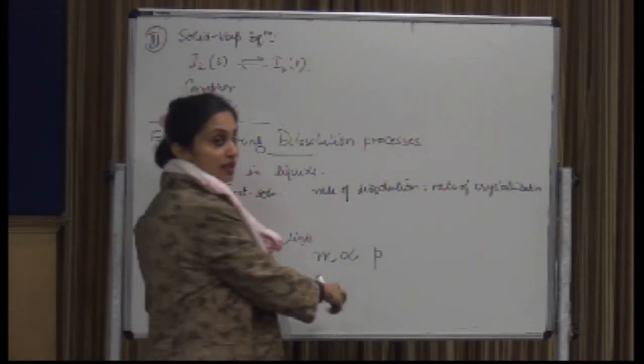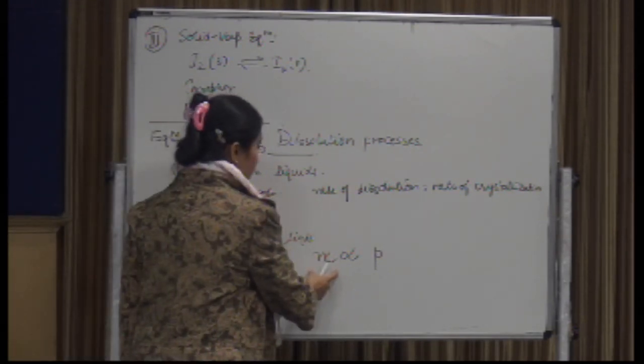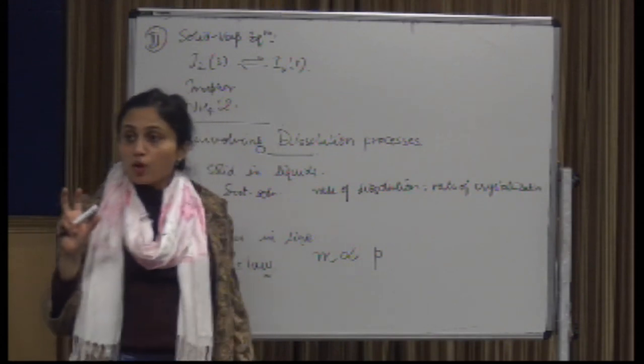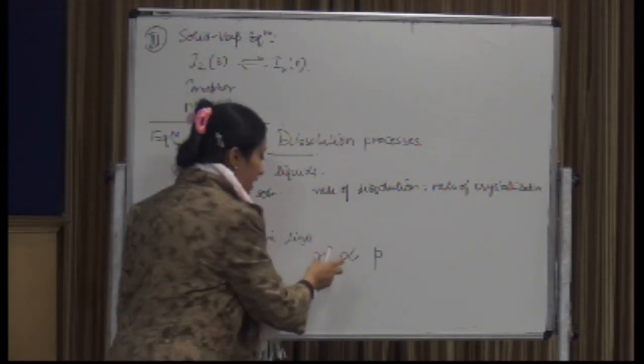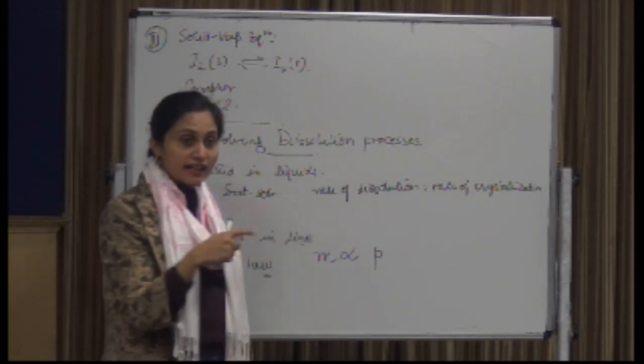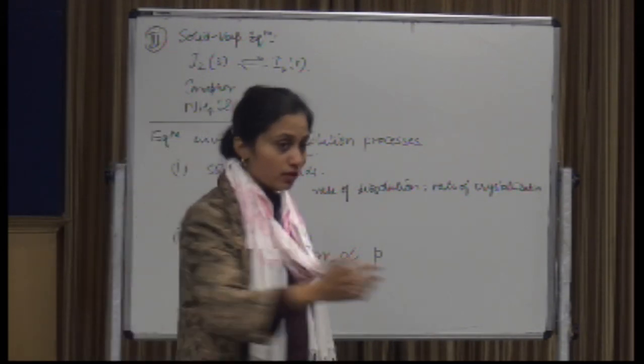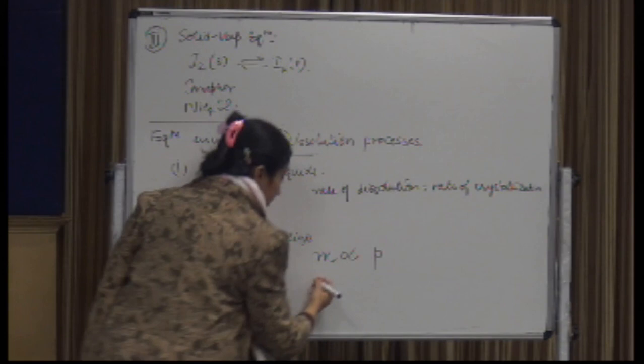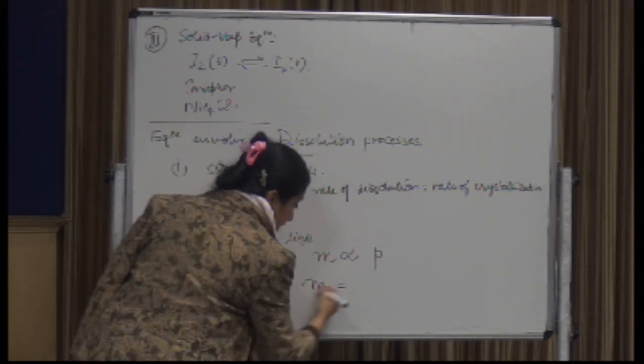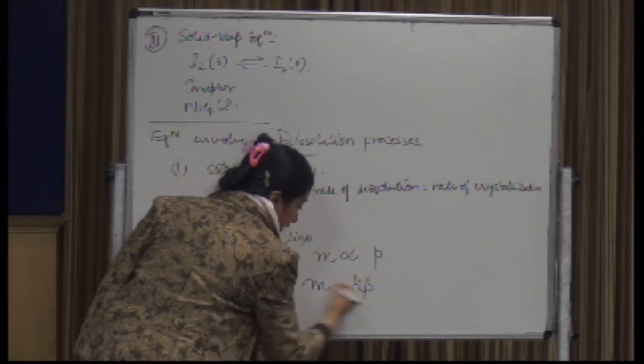I repeat, note down Henry's law. Henry's law states that the mass of the gas dissolved in a liquid is directly proportional to the vapor pressure of the gas above it. So then you have m = kP.